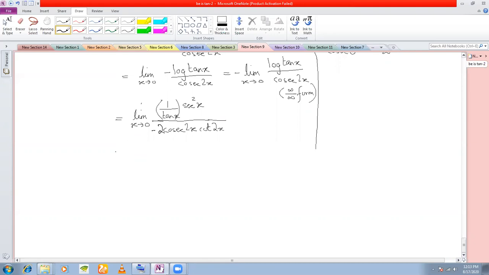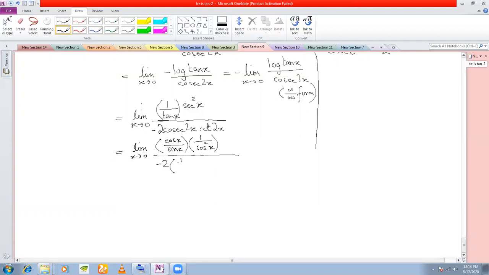Now what we do here is we change everything to sin and cos. Cos x by sin x, and sec square you can write as 1 by cos square, divided by minus 2.